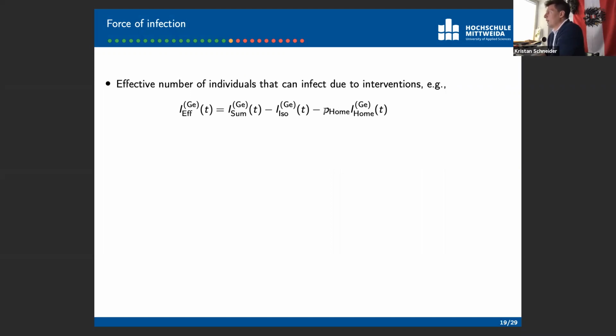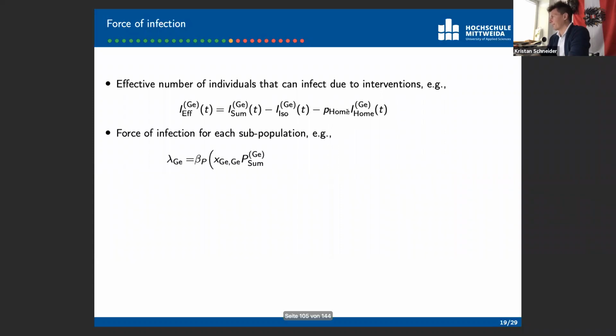And in home isolation, you need to multiply it with the fraction of contacts that are actually avoided. So from these measures that we just imposed, we need to calculate these effective numbers that can actually lead to an infective contact.